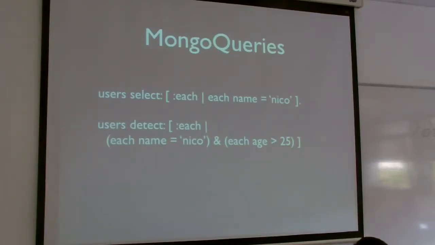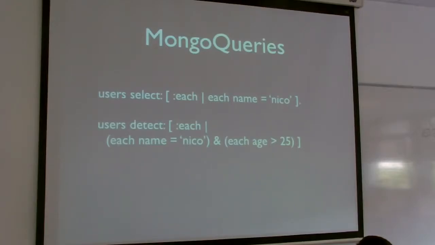So it's a DSL, so it works for many things, but you cannot do whatever you want. If you do user select each true, it will not select anything because it doesn't map to a valid query in Mongo, right? But basically you have the entire Mongo query language that is supported now. So whatever you can do in dictionaries, you can do it here. And it's pretty natural. I mean, you can really do most of the queries without even thinking about it.